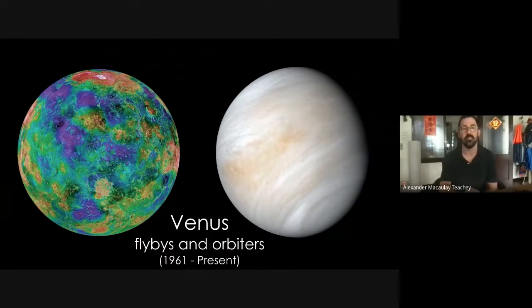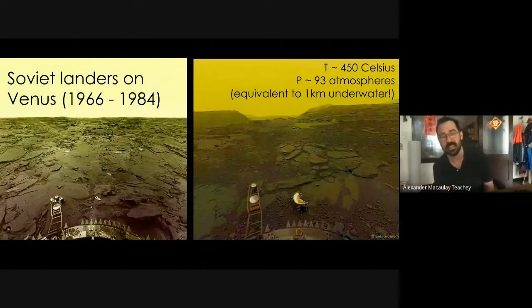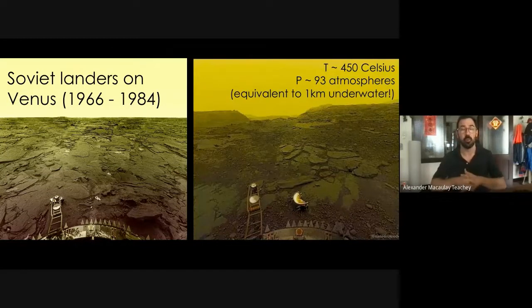So we've had flybys and orbits. It's not really easy to land on Venus, but we have in fact done it. The Soviet Union in particular, between 1966 and 1984, sent a lot of landers. I don't even know how many, but they sent a lot of spacecraft to land on the surface of Venus. Many of them failed, but a few of them were successful.